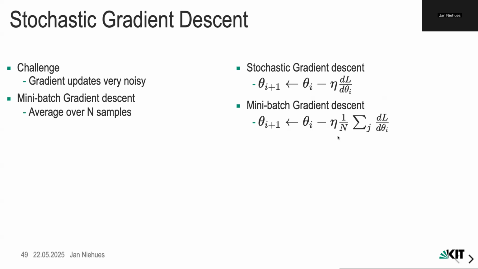Meaning if there's two examples which inform us exactly the opposite, maybe these two cancel out, we're ignoring them, and we're just using the signal from the other more reliable examples. We're not going always back and forth, but we're having a stronger signal. So you're not, every time somebody tells you something, just doing that; you're first asking several persons, then looking at what their average is, and then saying, oh, this might be a good direction.